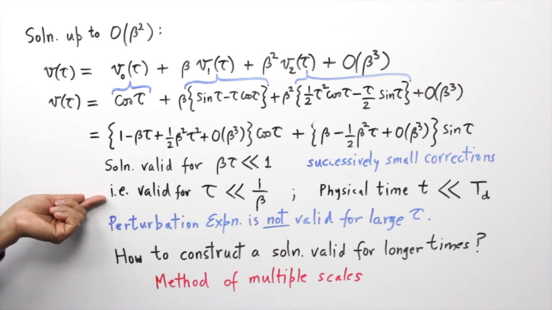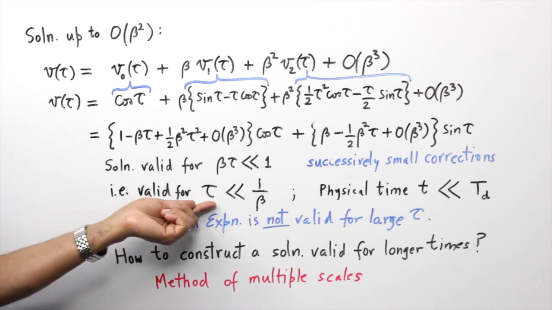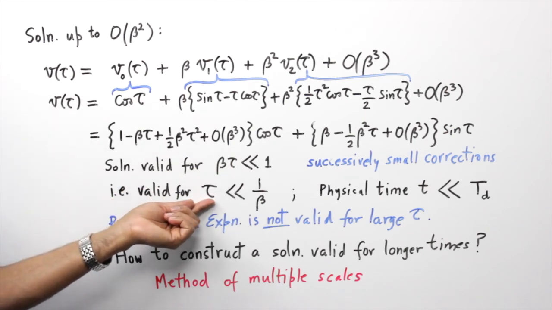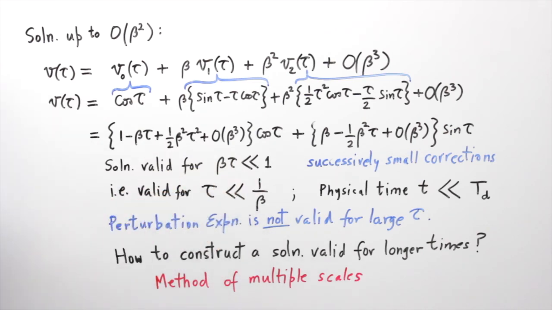Which means that the solution is valid for, just rewriting this, non-dimensional times much less than 1 over beta, which, if we interpret these back in terms of the original dimensional variables, says that the physical time is much less than the damping time that we had estimated before.